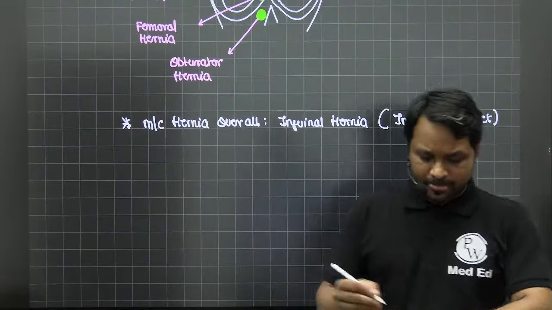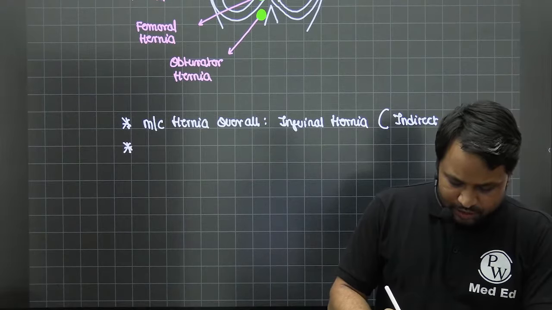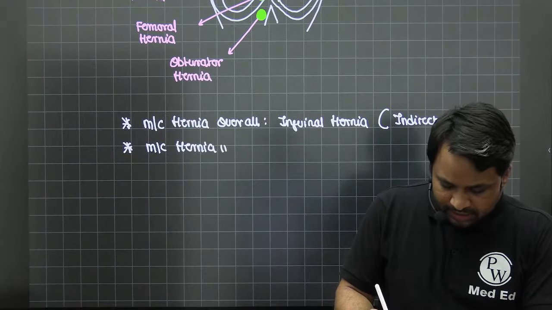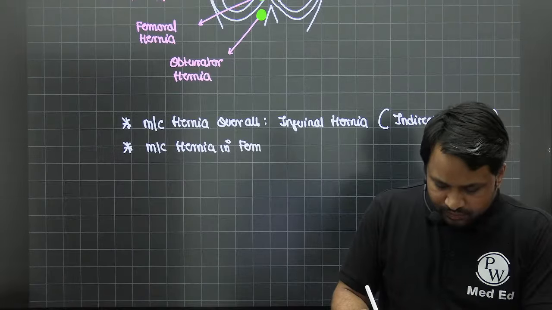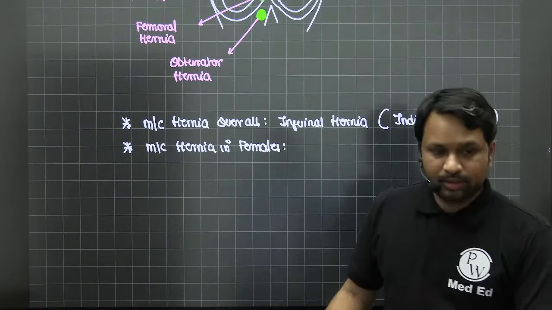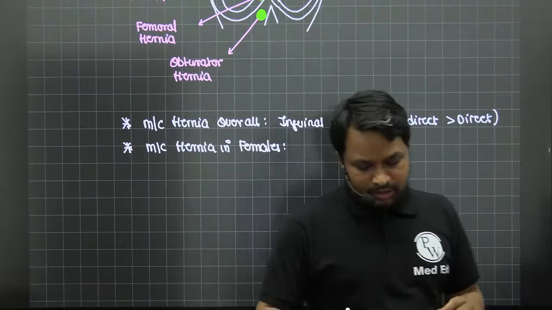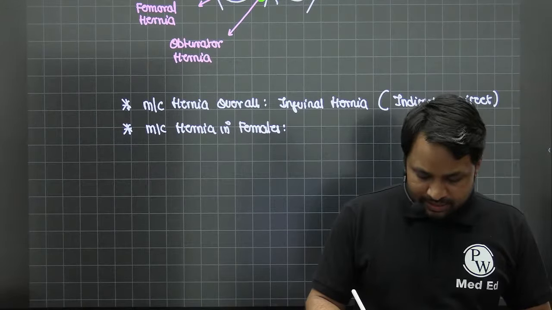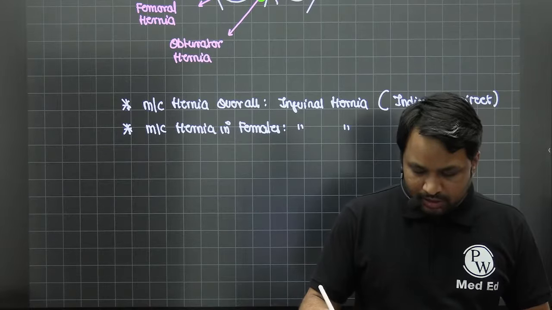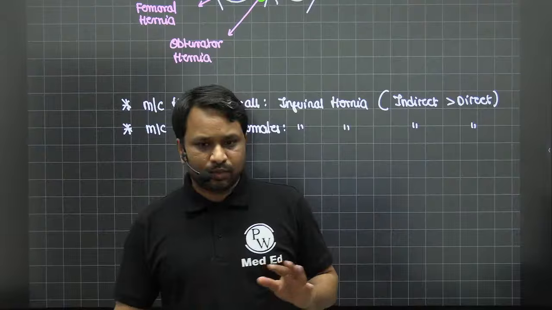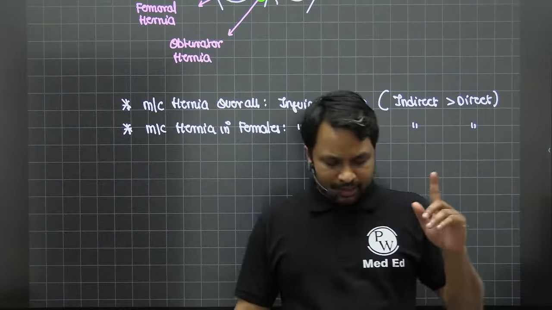It's quite simple. Now, if I change the question, what is the most common hernia in females? Anybody wants to pick a point here? The most common hernia in females overall is going to be the same, the inguinal hernia, that too of the indirect variety. Okay? Med student, you're absolutely correct.